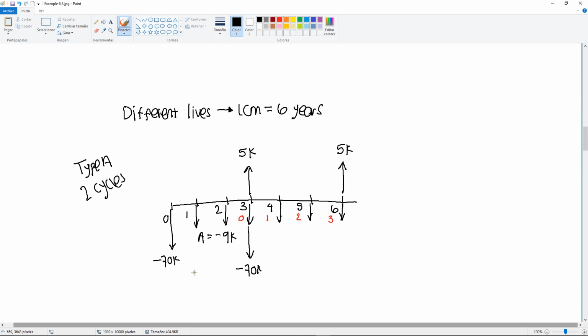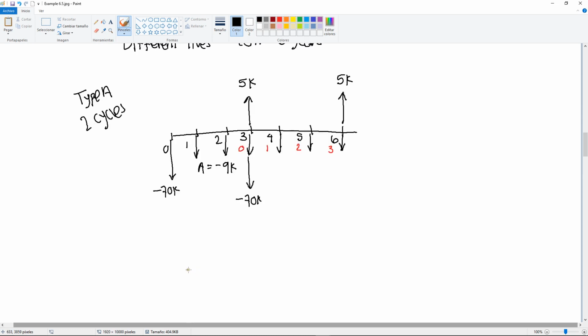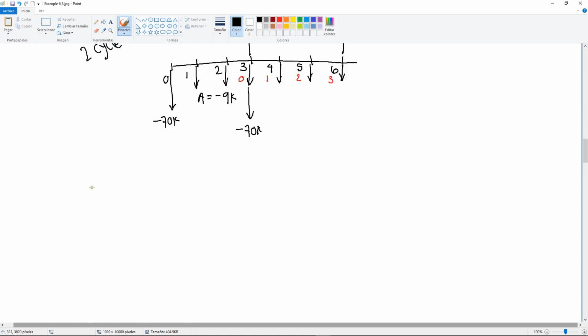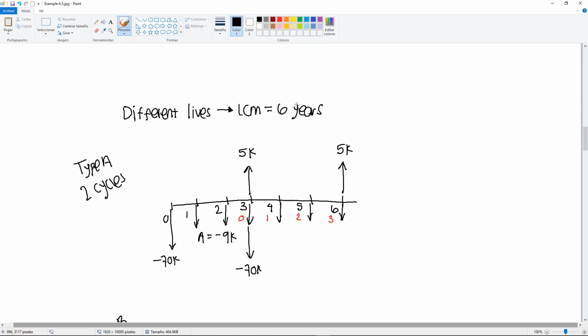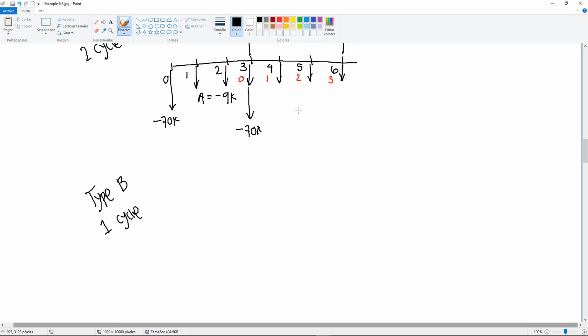Now let's go with type B. The life for type B is 6 years. So here we only have one cycle because the LCM is 6 years. So we draw it for 6 years.